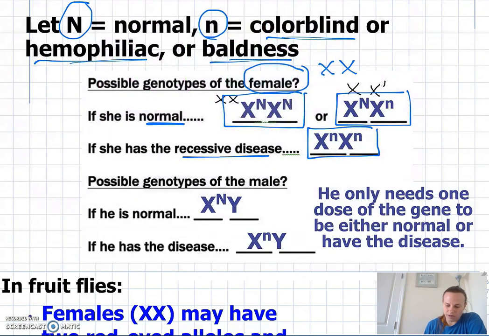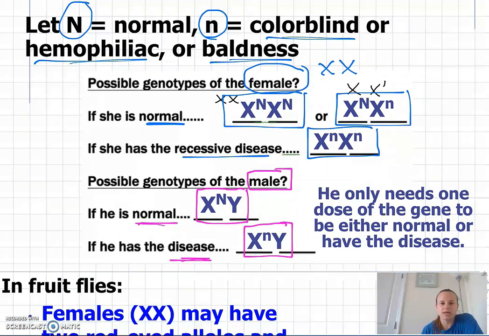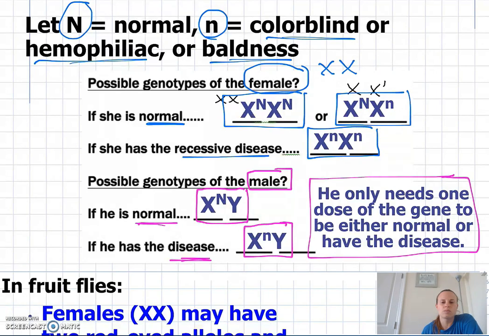Now, if we're talking about the male, if the male has a normal genotype, it would be XY with the capital N. But if he has the disease, he only needs one copy of the recessive allele in order to get the disease. So this is why these sex-linked diseases are more common in men than in women, because he only needs one dose, so to speak, of the gene to either be normal or to have the disease.